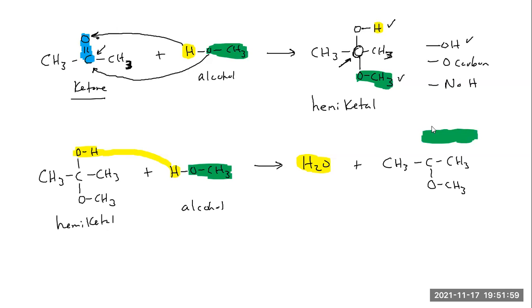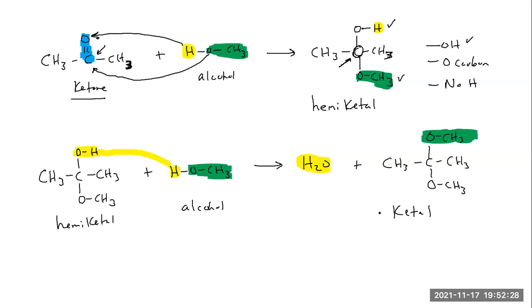And if we do, we will see the OCH3 come in here. And this guy, which is starting with a ketone that you added not one, but two alcohols to, ends up with what is known as a ketal, just like the other one is referred to as an acetal. Acetal, A coming from an aldehyde, ketal, K coming from a ketone.